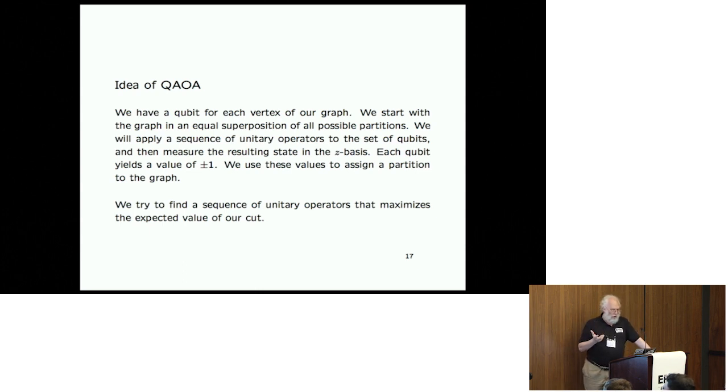So what is the expected value of the cut? It's just the expected value of the operator sum of C sub jk over all the different edges. So we want to maximize this.